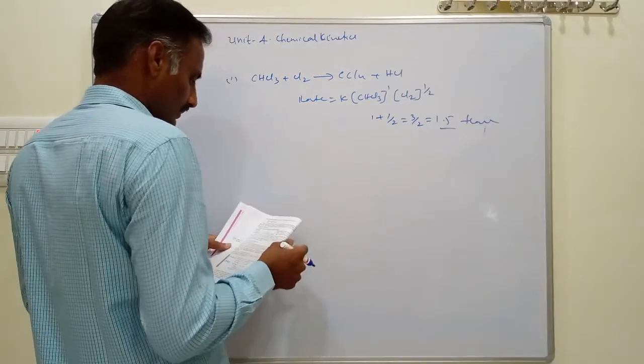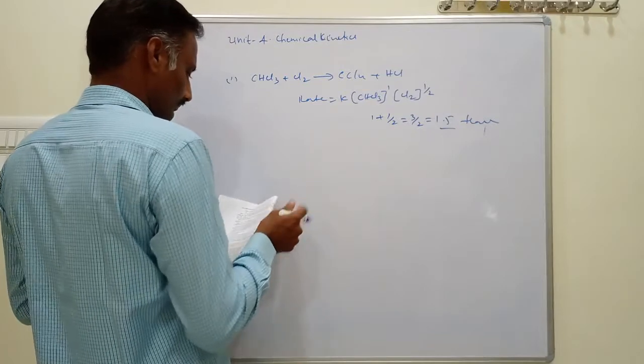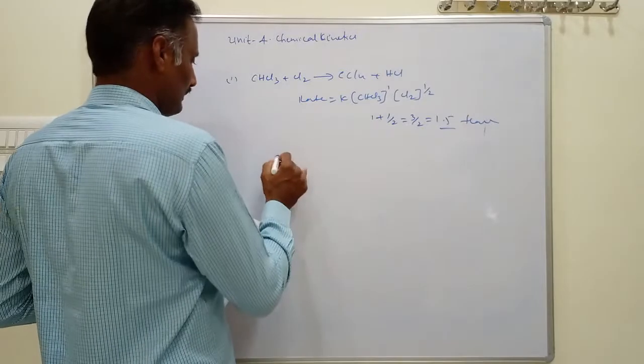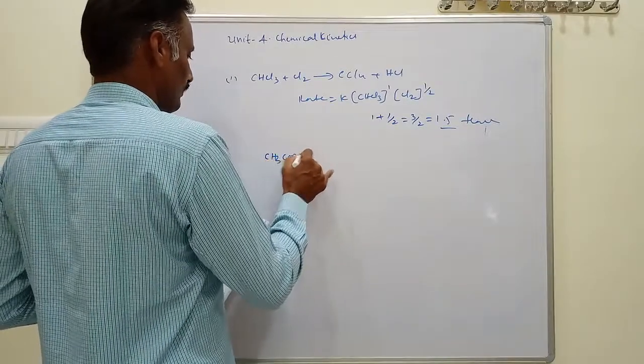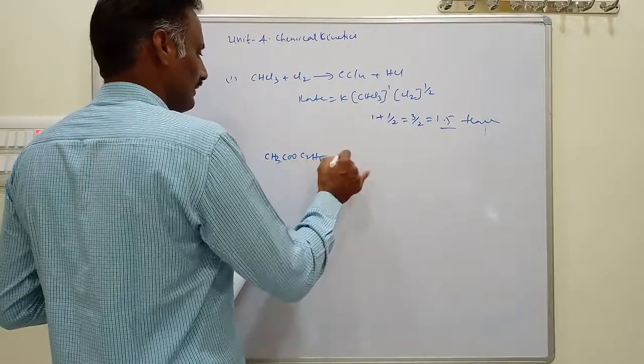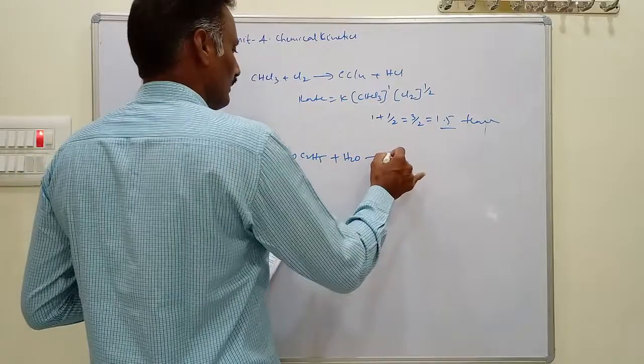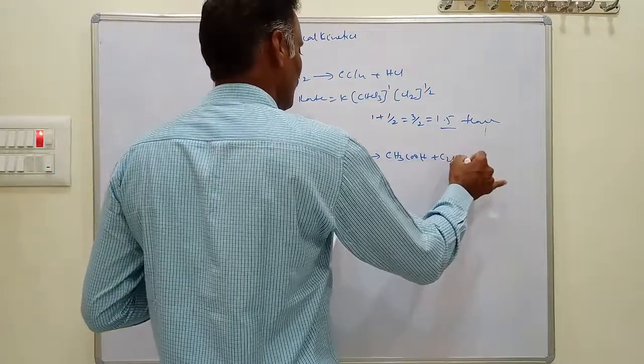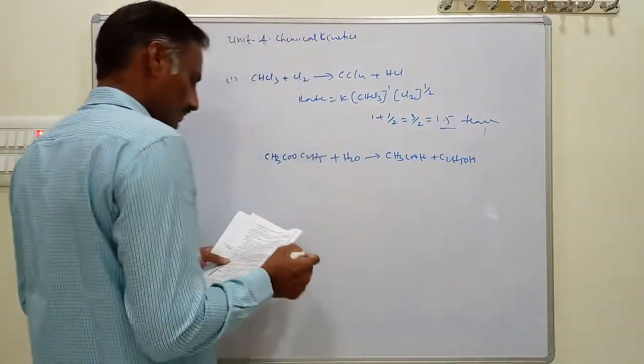And there is one more reaction, given with the same reactants. Methyl acetate, CH3COOC2H5, undergoes hydrolysis with water. You will get CH3COOH and also C2H5OH. Then what is the order here?